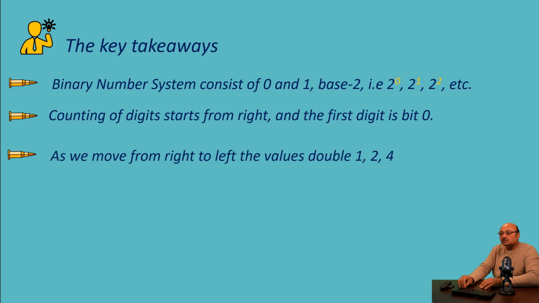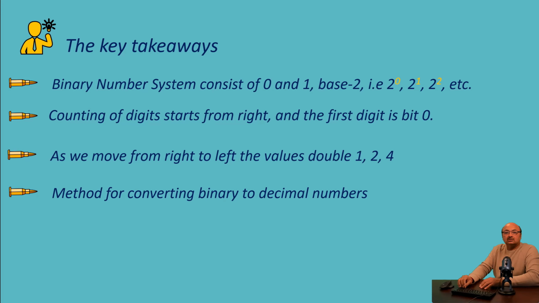And then as we move left from right, 2 raised to power 0, 2 raised to power 1, 2 raised to power 2, the values double, because on the rightmost we had 2 raised to power 0, and then 2 raised to power 1, and then 2 raised to power 2, and so on. So 2 raised to power 0 is equivalent to 1, 2 raised to power 1 is 2, 2 raised to power 2 is 4. So the values as we move from right to left double.